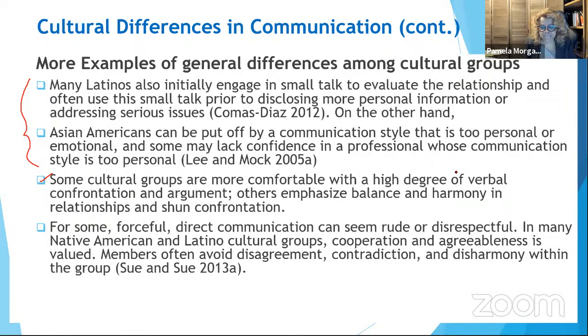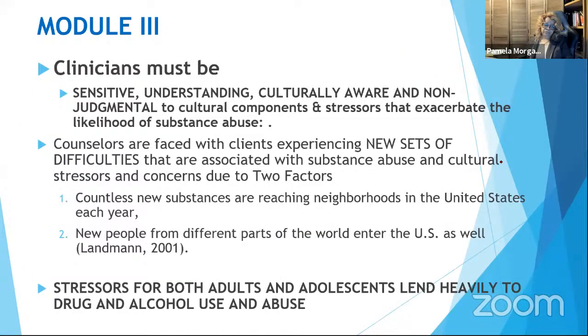Do you prefer group to individual? Do you prefer individual to group? Do you prefer to talk and just be listened to for the most part? Do you want to be educated? Do you want your therapist to give you a great deal of insight and conversation? Those are some things that will help get us off to a really good start culturally with our clients.